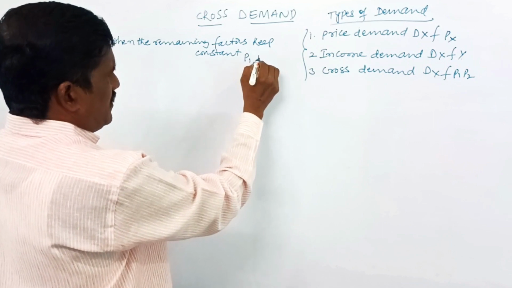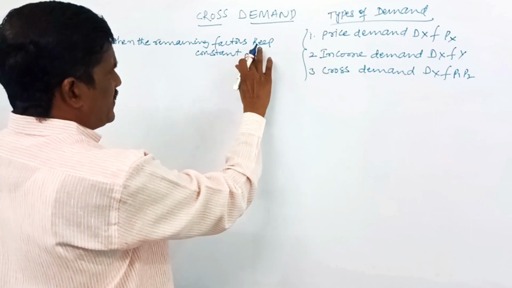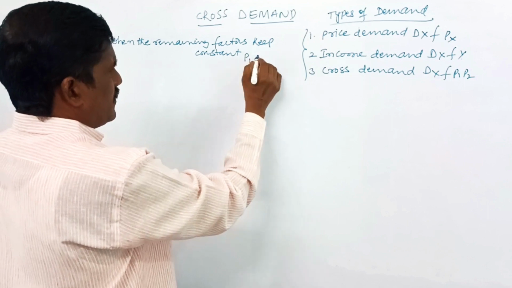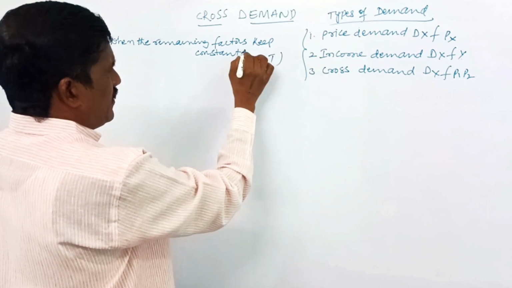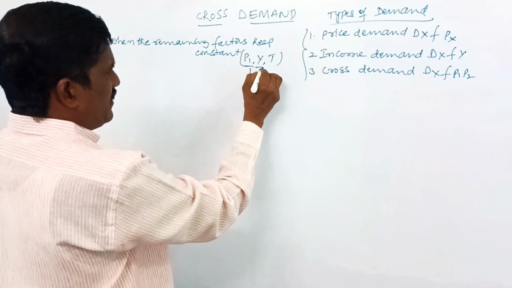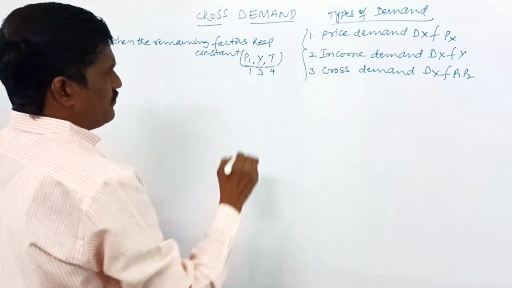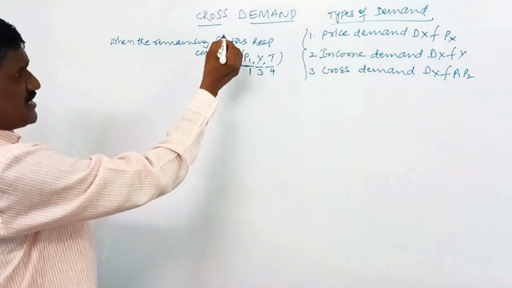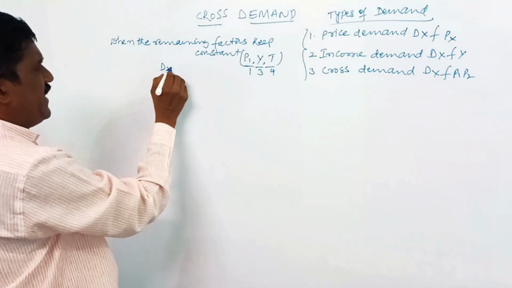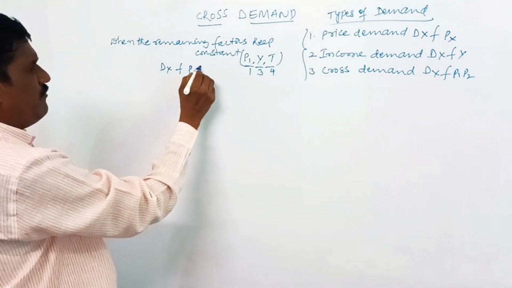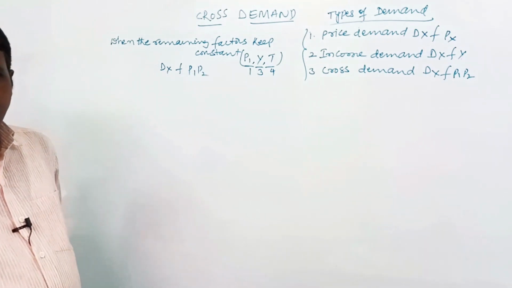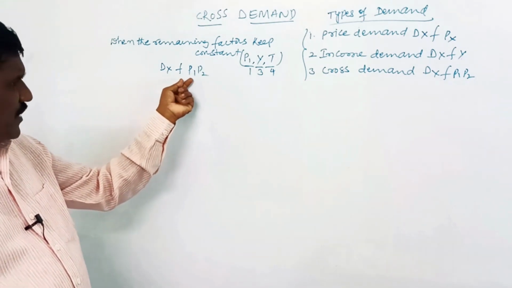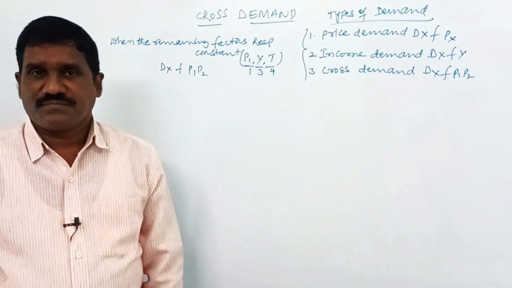P1 constant, Y constant, T constant: this is the first, this is the third, and this is the fourth. When these factors are kept constant, we discuss only Dx function of P1, P2, which is called cross demand.